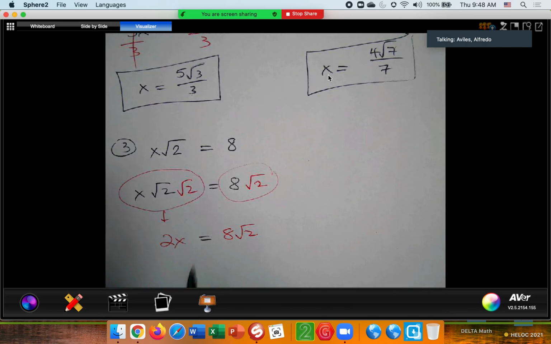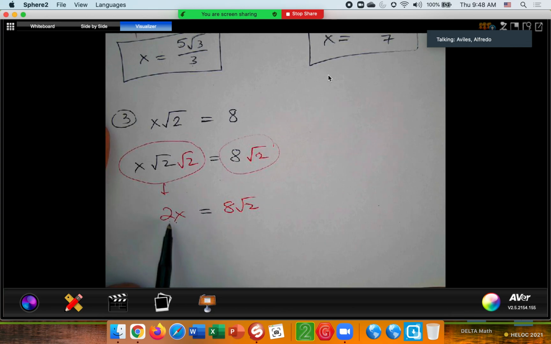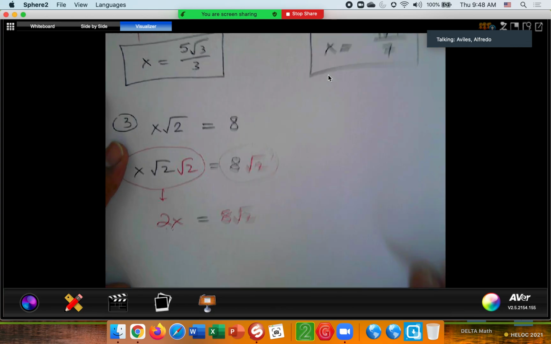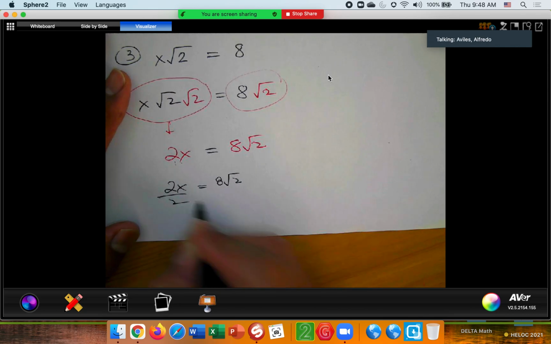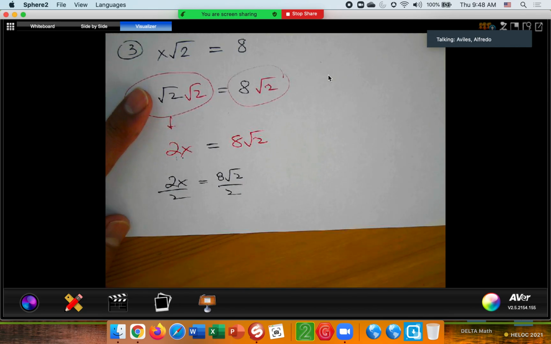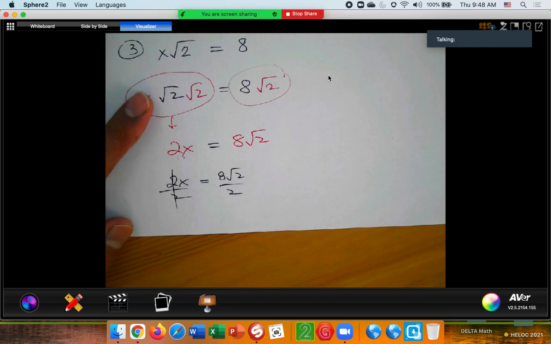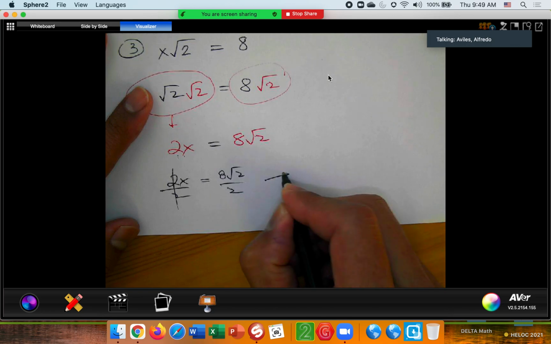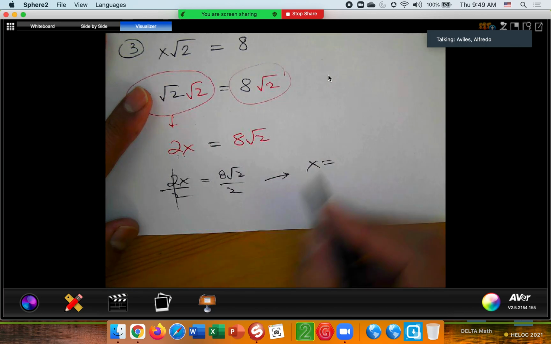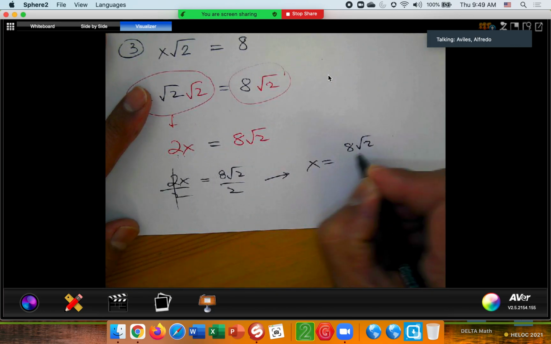And now we can easily solve for x. Now that I have my whole number, I can easily do what? Let me write it again. Divide by 2, divide by 2. Here's what I got left. I get x is equal to 8 root 2 over 2.